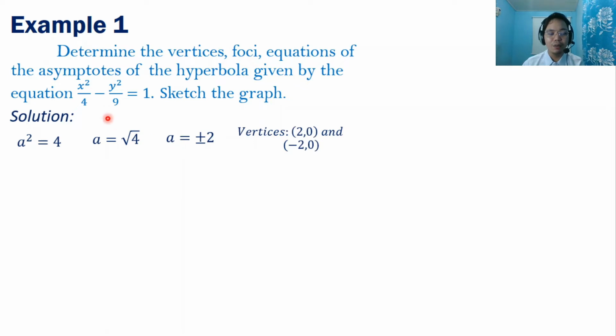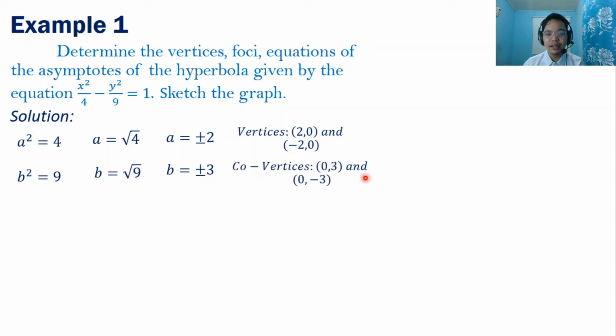So if our transverse axis is x-axis, so our vertices will be 2, 0 and negative 2, 0. Then our value of b, we have positive negative 3. So our co-vertices will be 0, 3 and 0, negative 3.